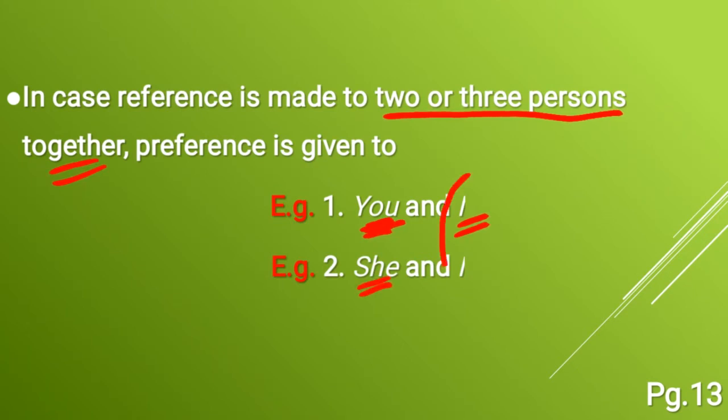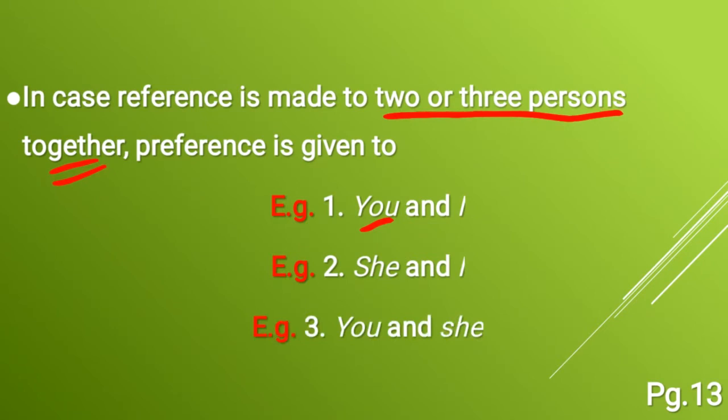Whenever you want to write one more subject pronoun with first person singular, you should write the second option in the beginning and is followed by the first person singular I. Don't forget, I should be written in the second place. Okay children?